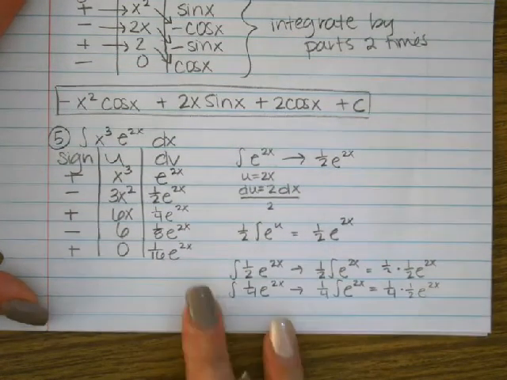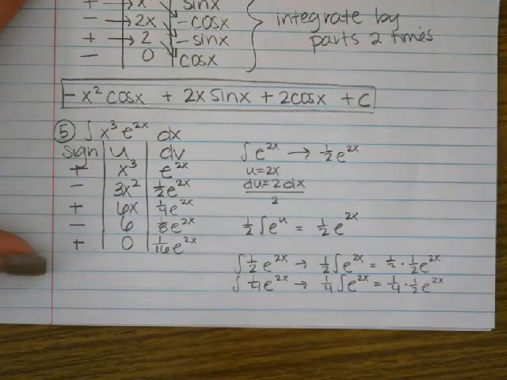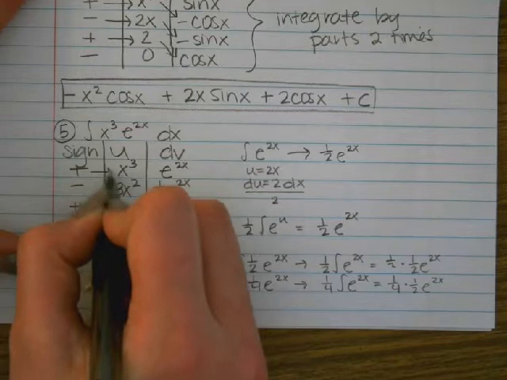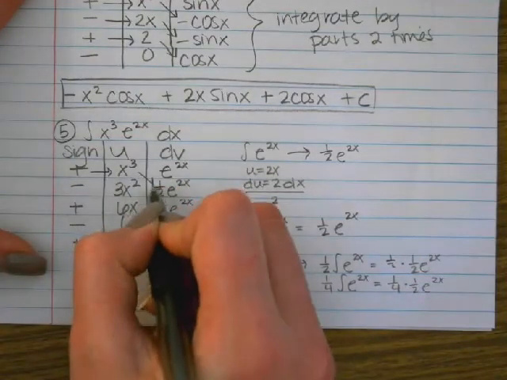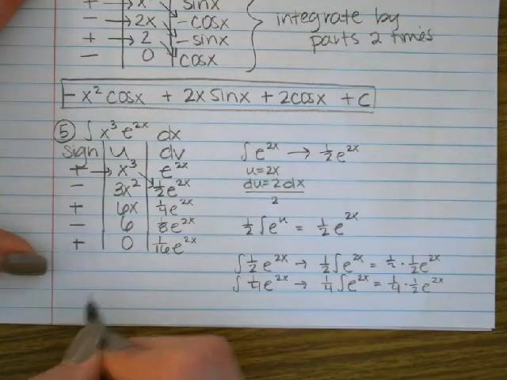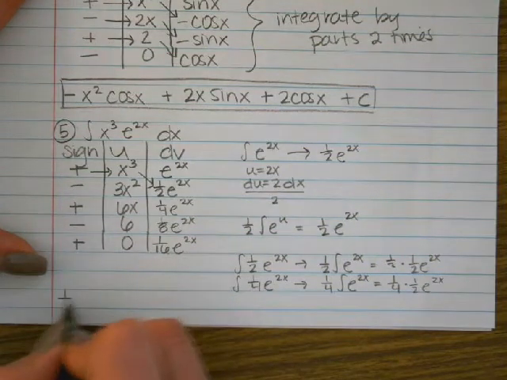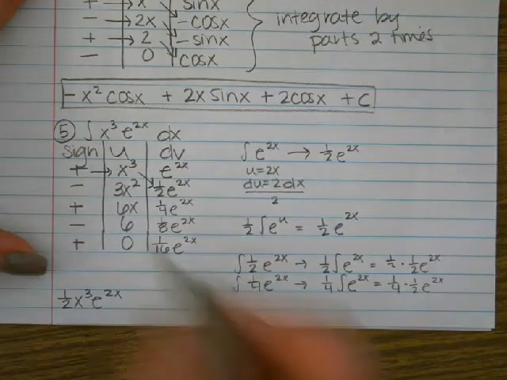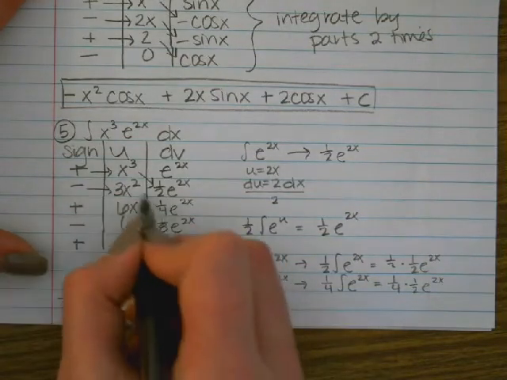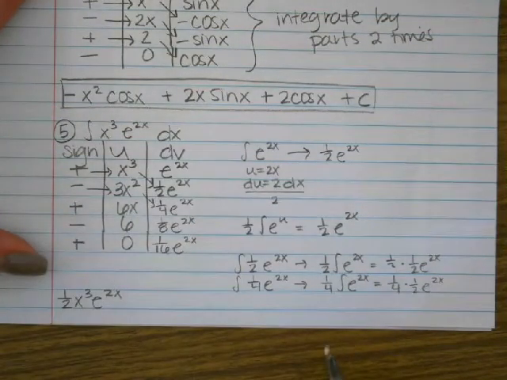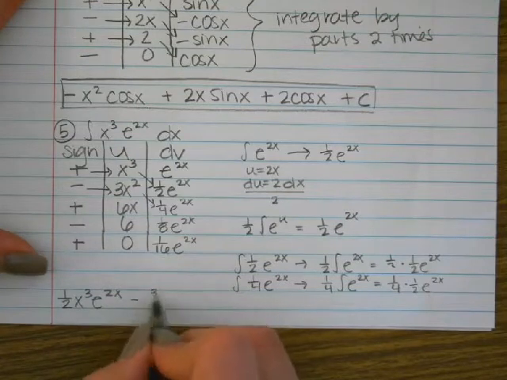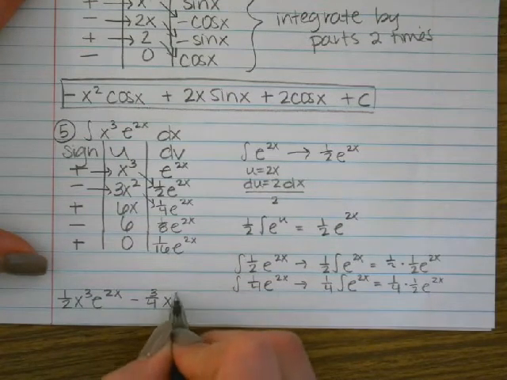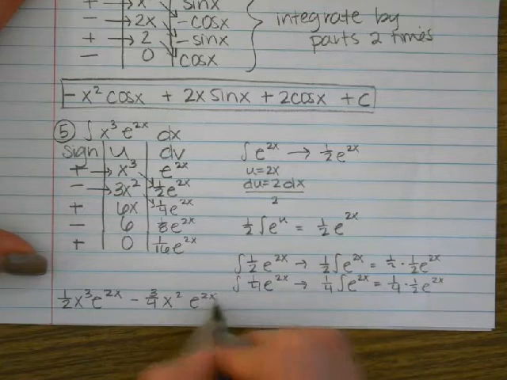Okay. So how do we use this to get our final answer? Arrow over and diagonally down 1. So what's our first term? Okay. What's our next term? Okay.